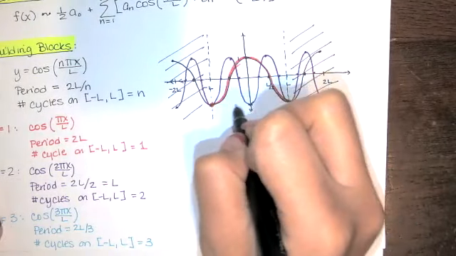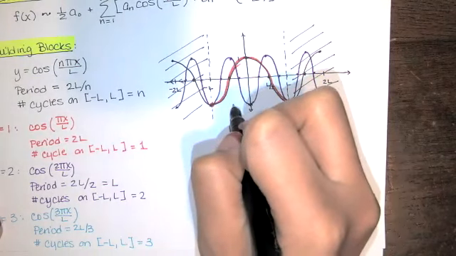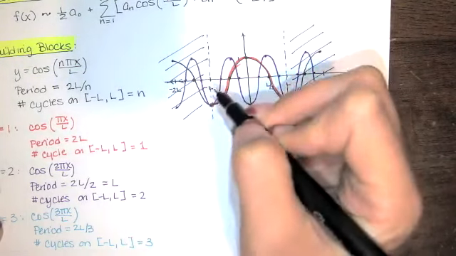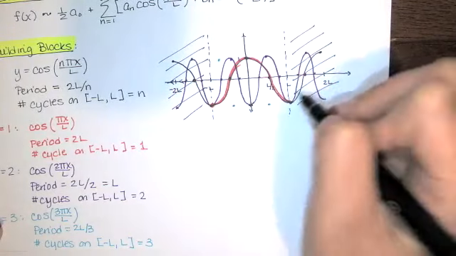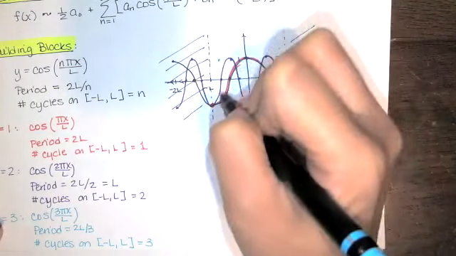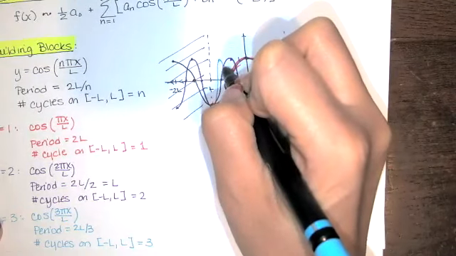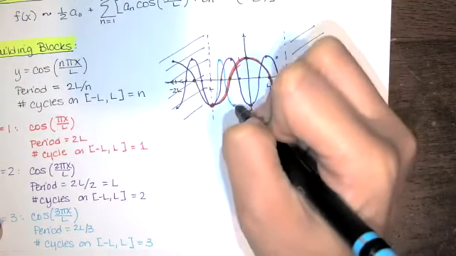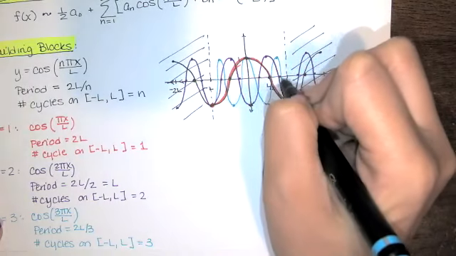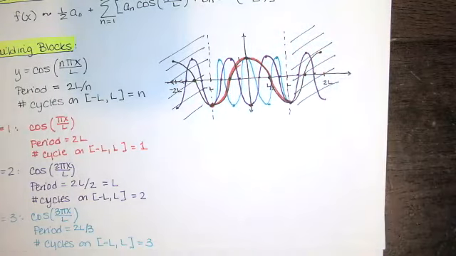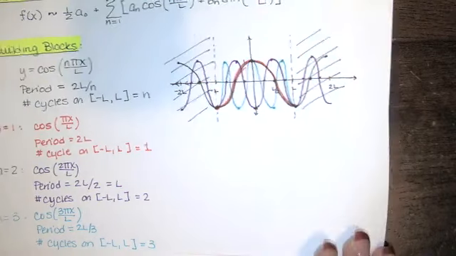So I'll try to split this into thirds. And you just do the best you can. And so that is my cosine wave where you've got 3 of them.